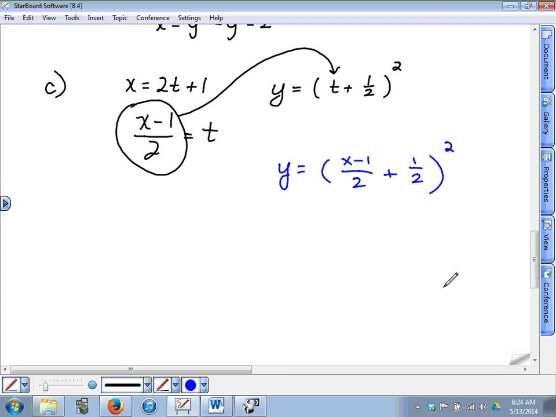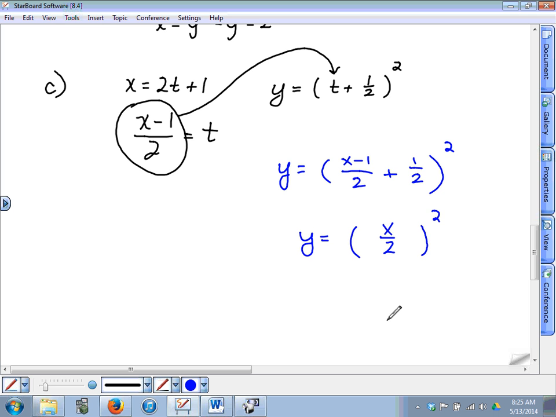Let's clean this up a little bit, though. That looks kind of weird. Kind of like you guys. Luckily, they have a common denominator. So, what's it going to be? It's going to turn out to be x over 2 quantity squared, or just x over 2 to the second power.